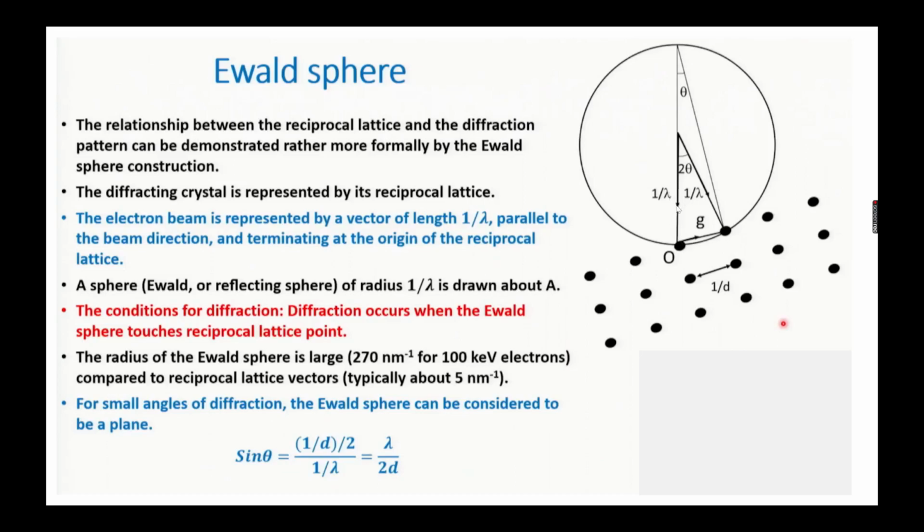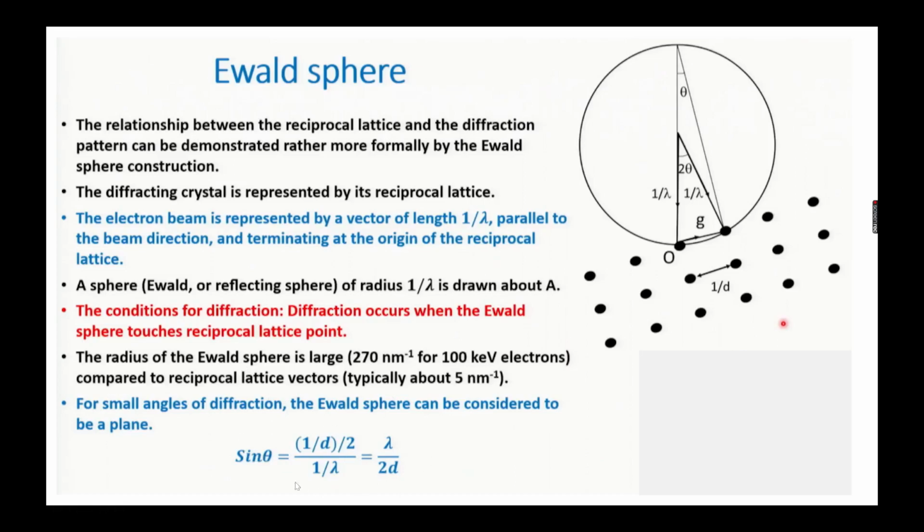But when you decrease the radius of your Ewald sphere, this theta angle will increase. So if it is asking about using an electron beam of 100 kilo electron volt, since this is also a high energy electron beam, you will get a large radius of your Ewald sphere, but the scattering angle will be small.